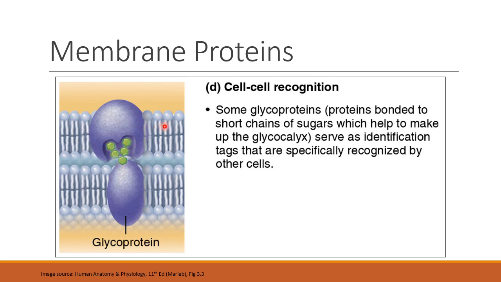And by doing so, it allows this cell up here to recognize this cell down here as having some sort of a function, or maybe it's like an identification that this particular cell knows that this particular cell does a particular job, for example. So it has to do with recognition of a cell from other cells.